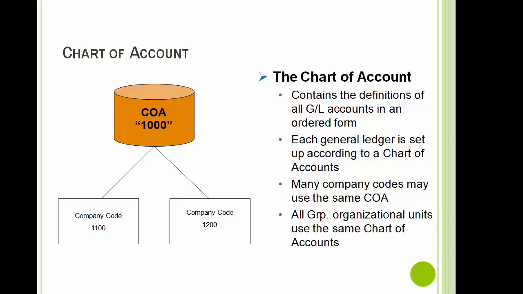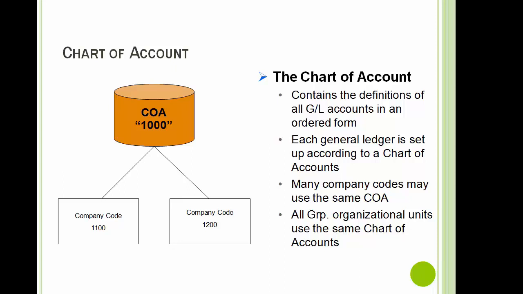All group organizational units use the same chart of account. In simple terms, we can say that chart of account contains the list of all the GL accounts, which are termed as ledger accounts, that are used by any company or legal entity in the practical world.